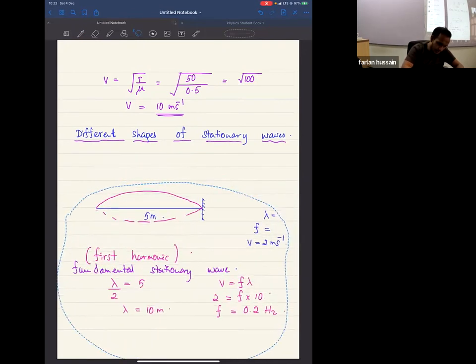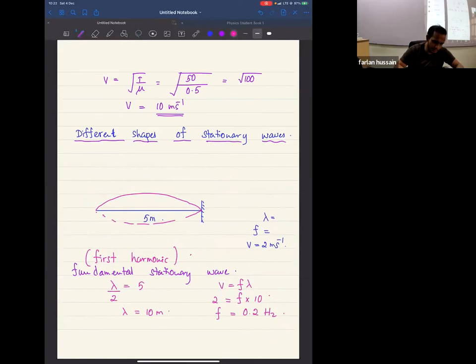Right under the subtopic, different shapes of stationary waves, under that, let's consider a string of length 5 meters in which the speed of the wave is 2 meters per second.